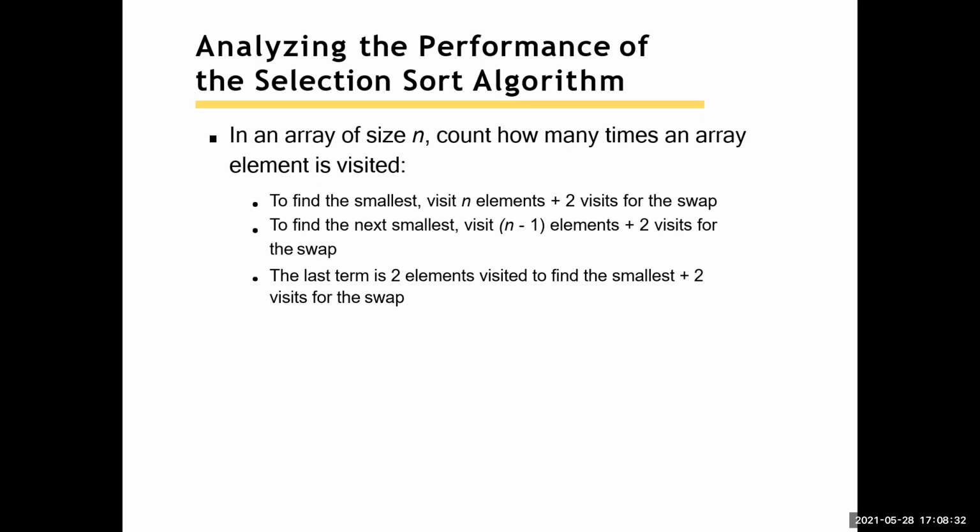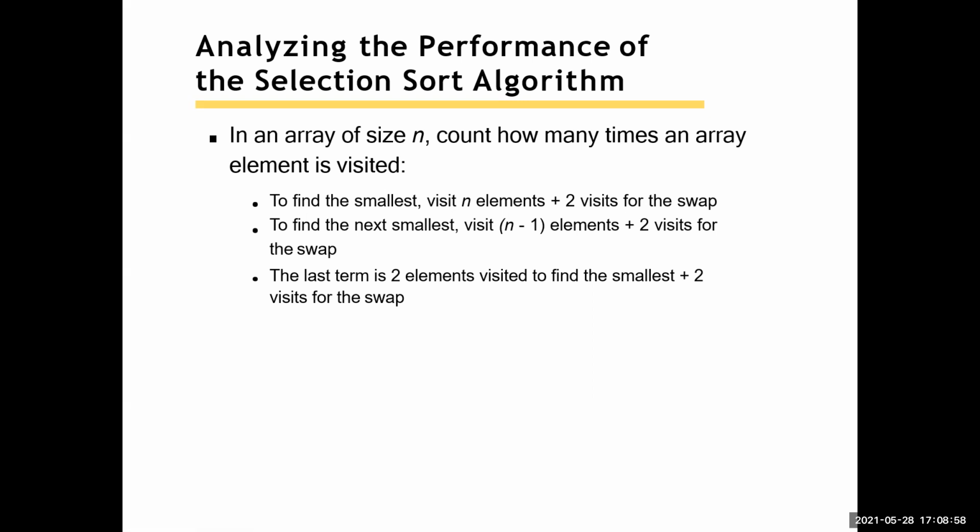So if we focus on the sorting algorithm, the selection one, and we break it down, we are looking for the visits on elements. If I want to find the smallest one, remember the first one is going to have to go through the whole array minus 1. The second one has to go through the whole array minus 2.